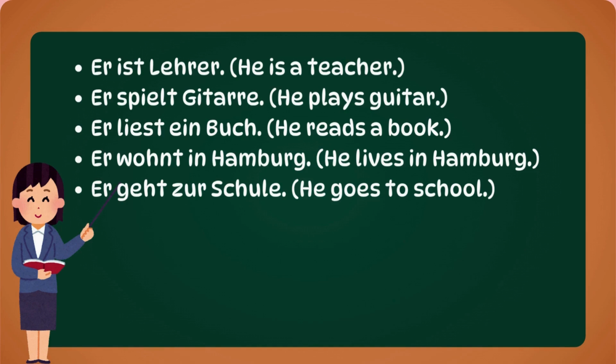Er liest ein Buch, which means he reads a book. Example number 4. Er wohnt in Hamburg, which means he lives in Hamburg. Example number 5. Er geht zur Schule, which means he goes to school.